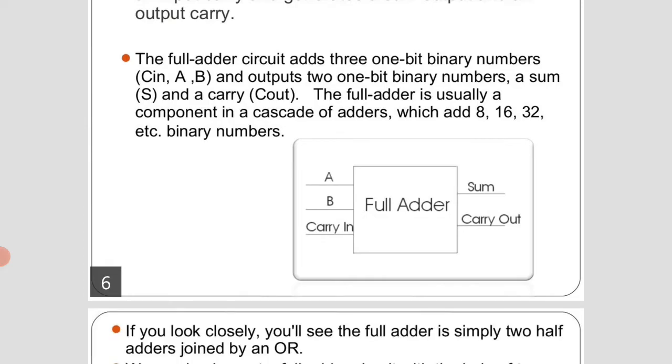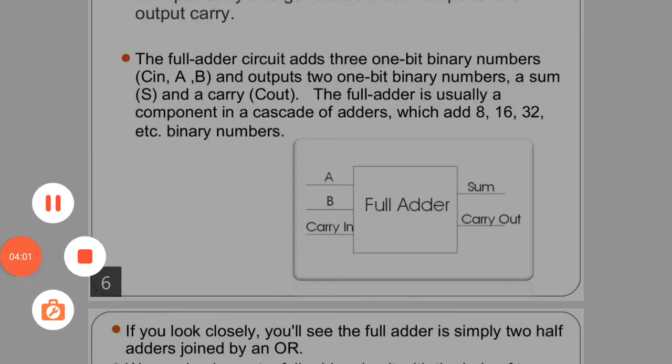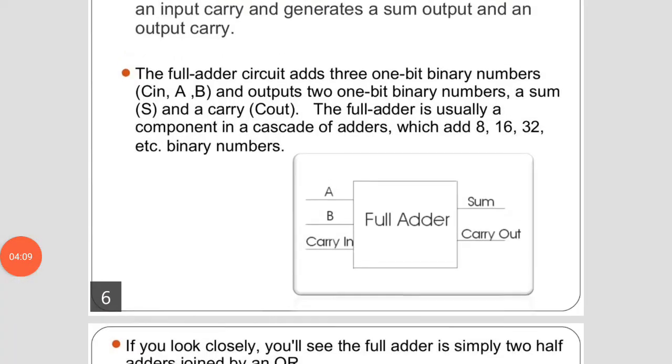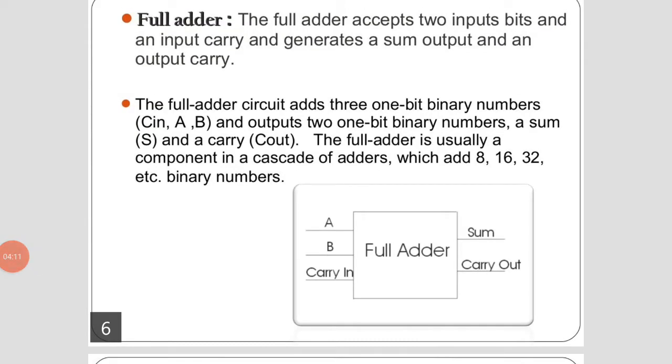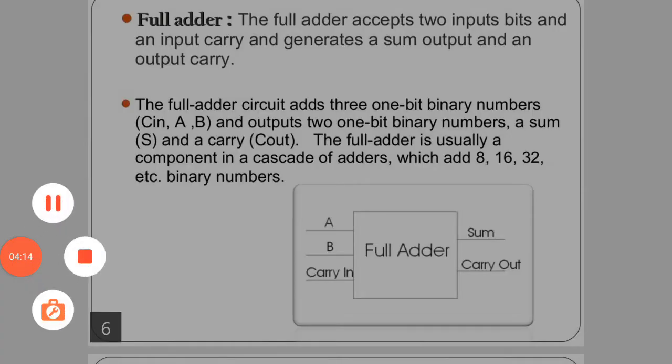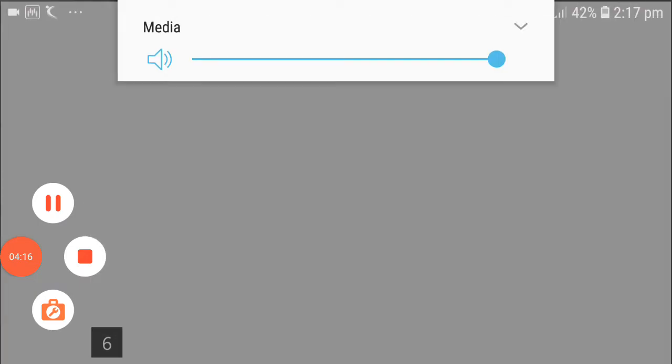The full adder is usually a component in a cascade of adders which add 8, 16, 32, etc. bit binary numbers. Full adder has two inputs A, B and carry in. Full adder has two outputs.